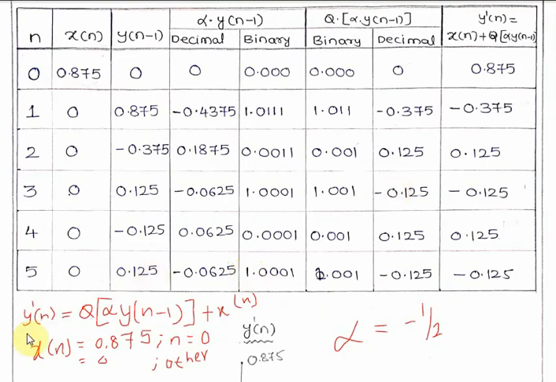The IIR digital filter is represented using the equation we have seen in equation 2. Here x of n is input, with n as 0, 1, 2, 3, 4, 5 on the time axis, then y of n minus 1, alpha into y of n minus 1, quantization of alpha into y of n minus 1, and finally y dash of n is equal to quantization of alpha into y of n minus 1 plus x of n.